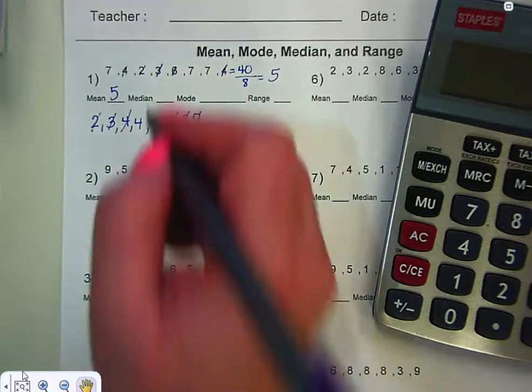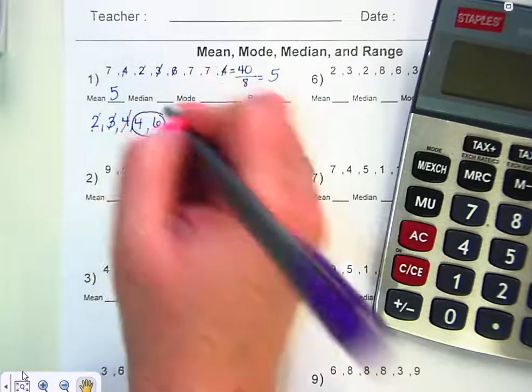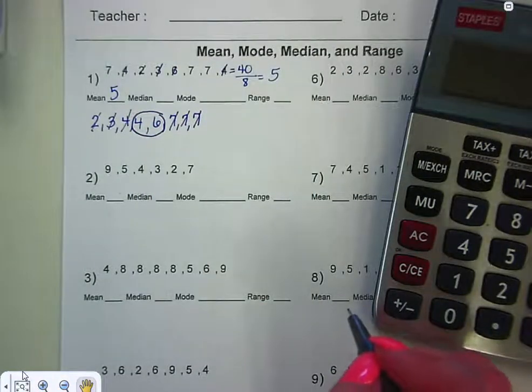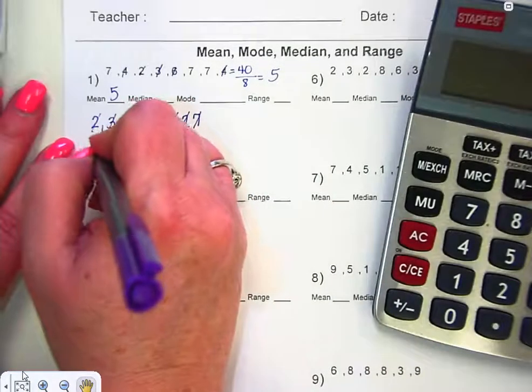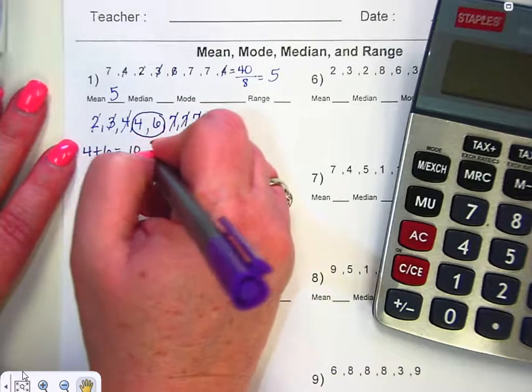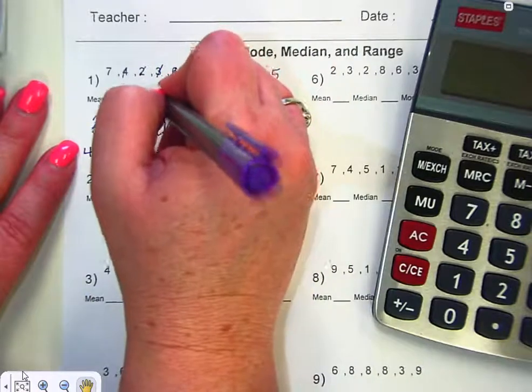Since there was an even number, there's 2 in the middle. So I could think on a number line, what comes between 4 and 6? 5. But let's check. 4 plus 6 equals 10, and 10 divided by 2 equals 5. So the median is 5.